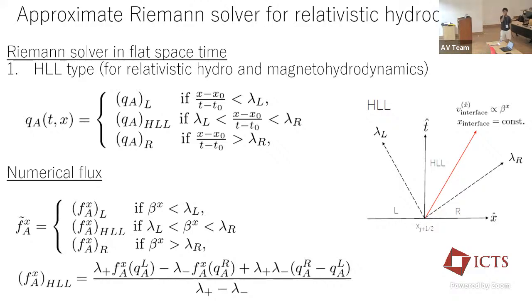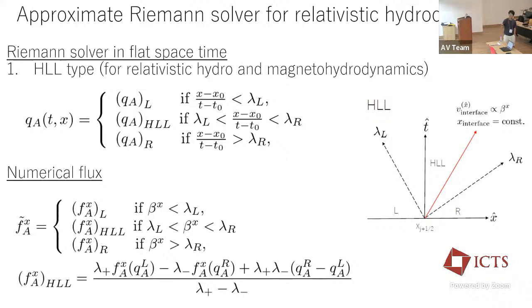But in curved spacetime, this orthogonality is guaranteed in the tetrad frame, but it doesn't mean that the initial interface stays along this line.